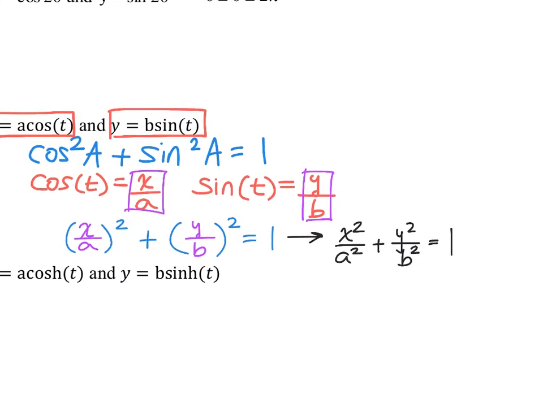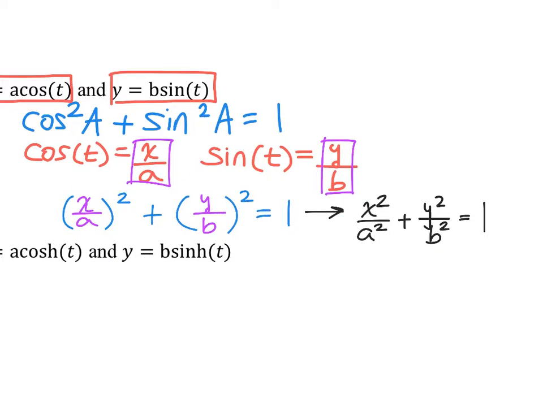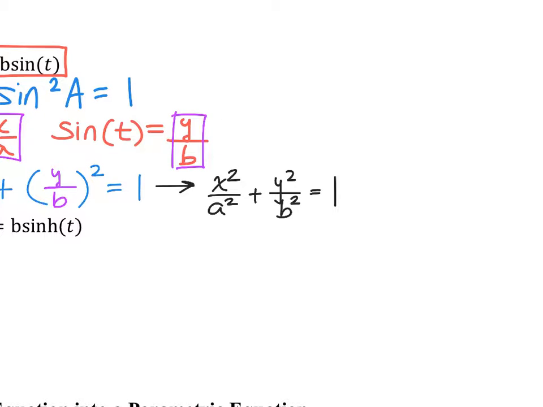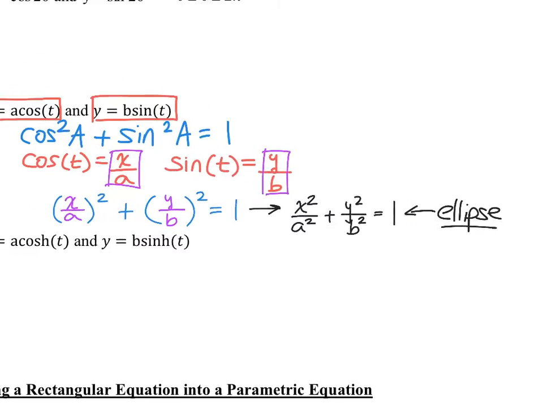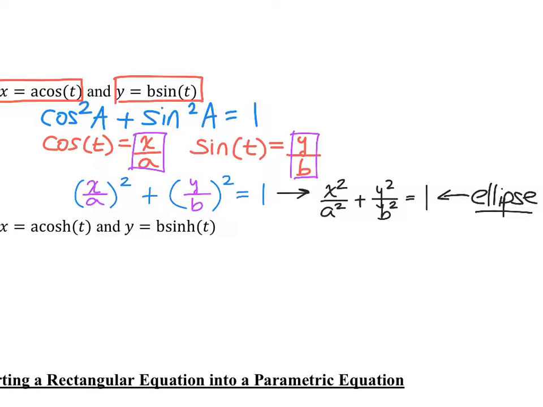Now, this is the moment of truth. Does anybody know what type of equation that is? Ellipse, exactamundo. So we just learned in parametric form the general model for the equation of an ellipse.